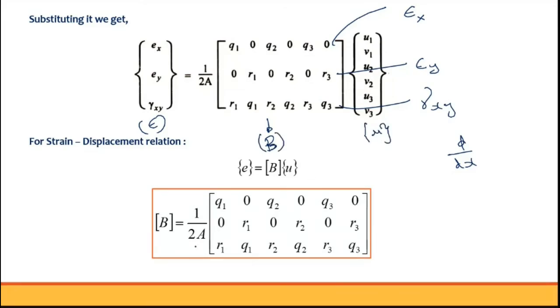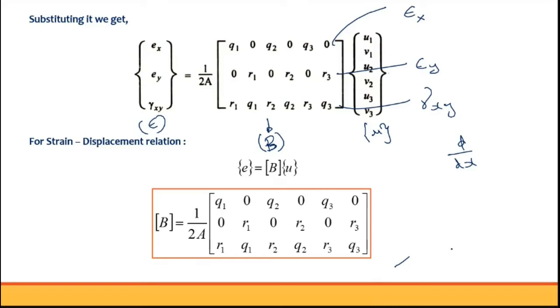So your B matrix is 1 by 2a, q1 0, q2 0, q3 0, 0 r1, 0 r2, 0 r3, and r1 q1, r2 q2, r3 q3. Right? This is my B matrix. So this is the relation between strain and displacement for a CST element.